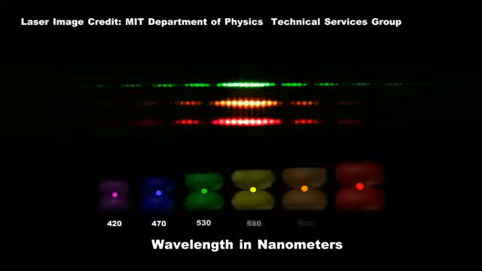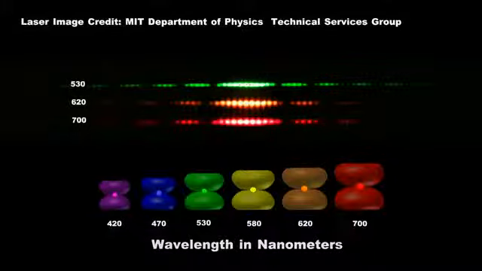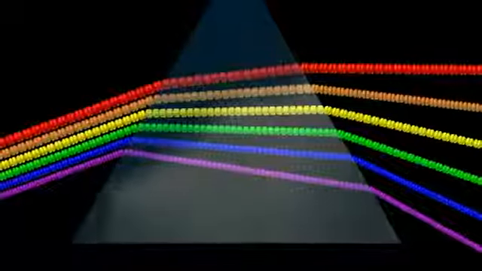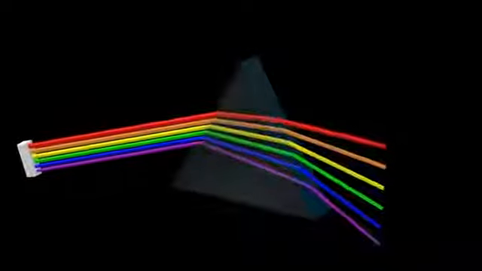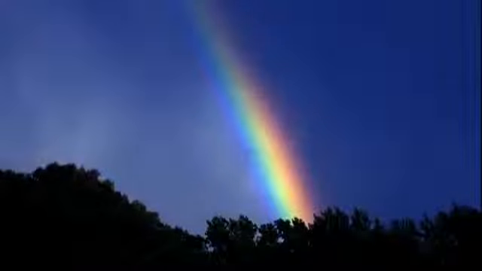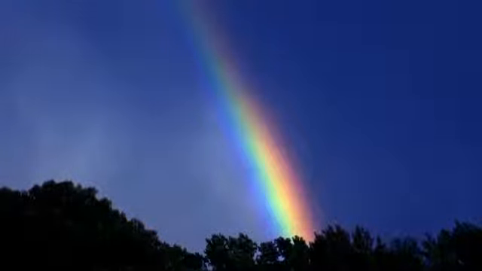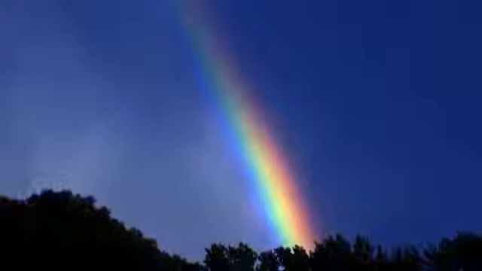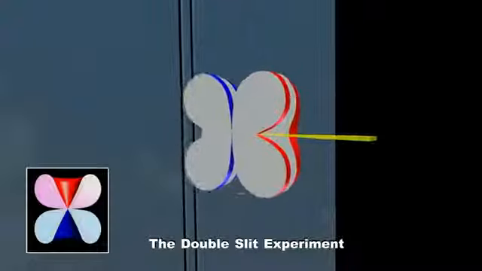We saw that the angle of refraction for photons is determined by their field size. So the next time you see a rainbow, you will know the science behind its beauty. Then we ended by solving the long-standing mystery of the infamous double-slit experiment.